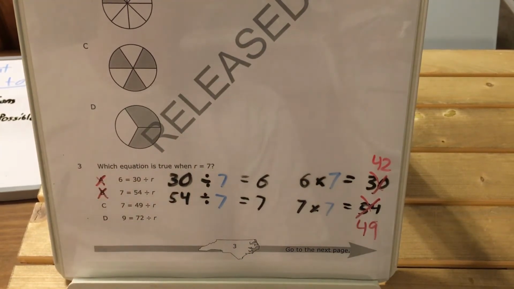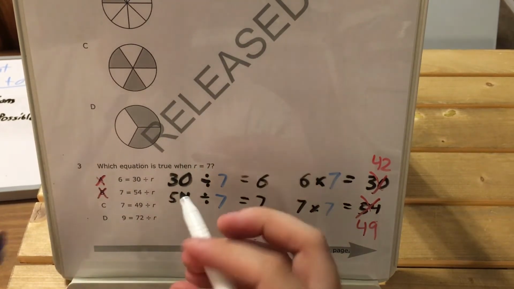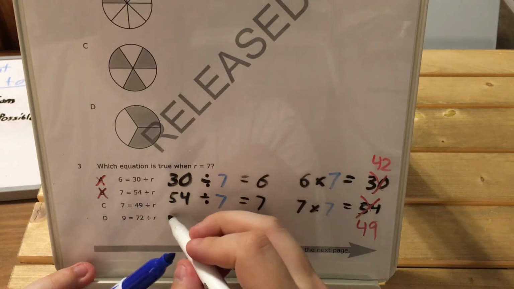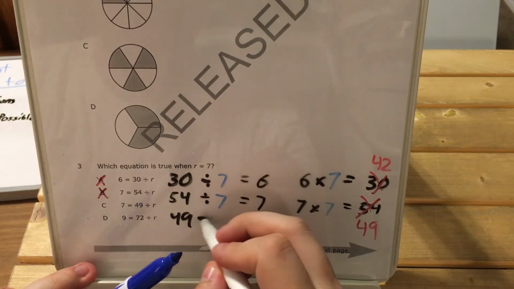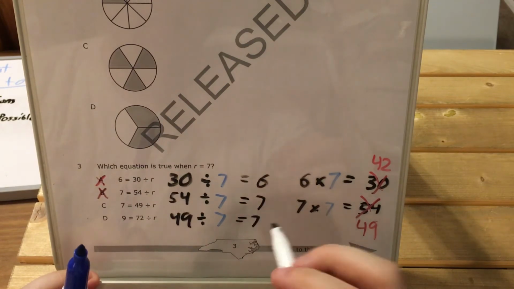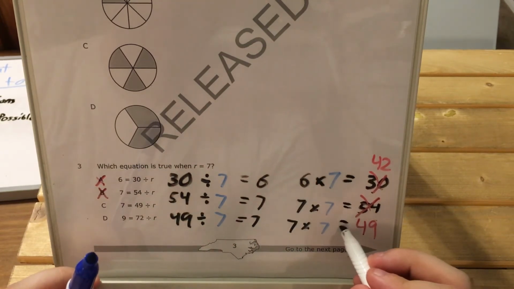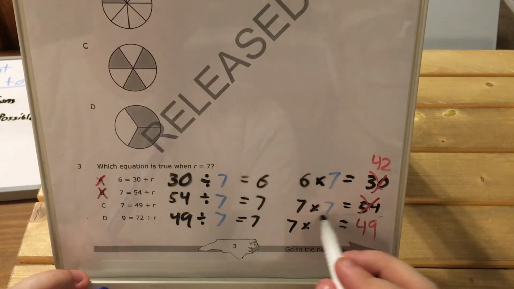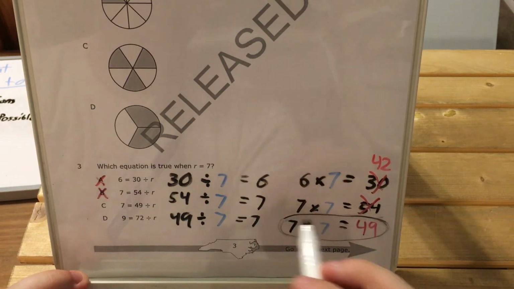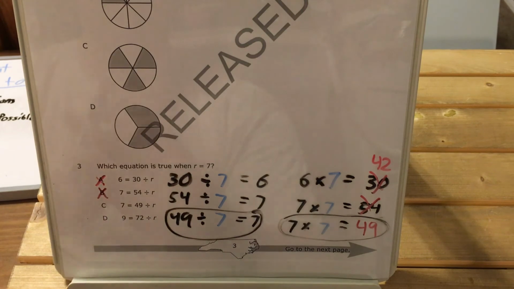But with choice C, I think we may have something here because I see the number 49, and so it seems like if I'm testing if 49 divided by 7 equals 7, then I want to see if 7 times 7 does equal 49. And with my knowledge of times tables, I actually know that that works. Therefore, this equation works. Therefore, our right answer is C.